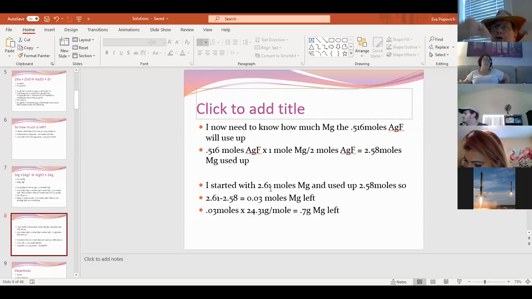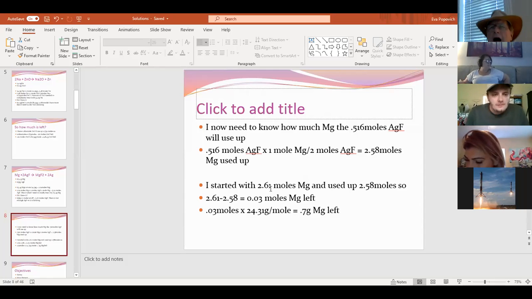If I started with 2.61 and used up 2.58, don't I have 0.03 moles of magnesium left? If I have 0.03 moles of magnesium left, I then multiply that by 24.31 grams. This gives me 0.7 grams of magnesium left.